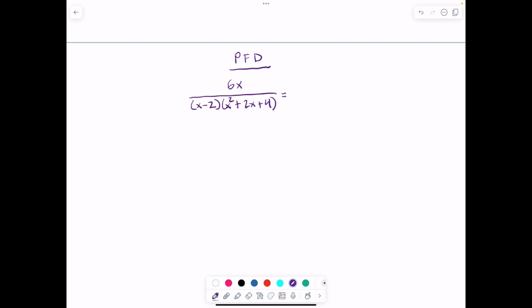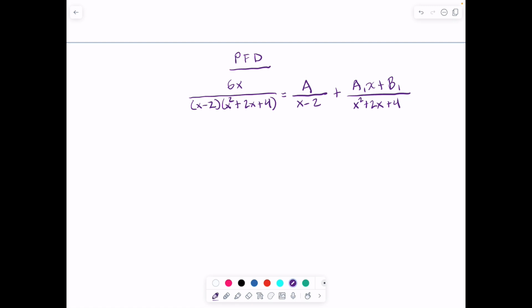For the first one, I'm just going to put a regular A with no subscript, so A over x minus 2, because x minus 2 is a non-repeated linear factor. Now, for the next one, we'll use a1x plus b1 because x squared plus 2x plus 4 is an irreducible quadratic factor. Good so far?